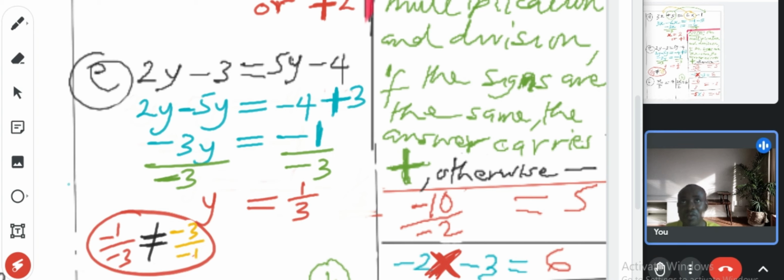The one in yellow will give what? +3. +3, good. The one in yellow will give +3 because 3 divided by 1 is 3. Anything divided by 1 is the same number. But the one in red will give what?